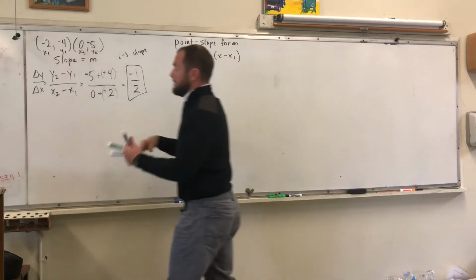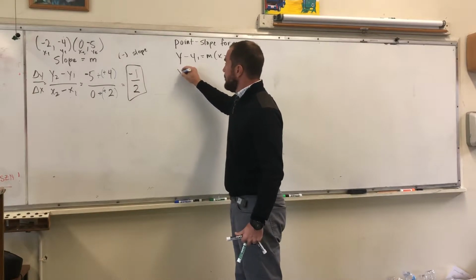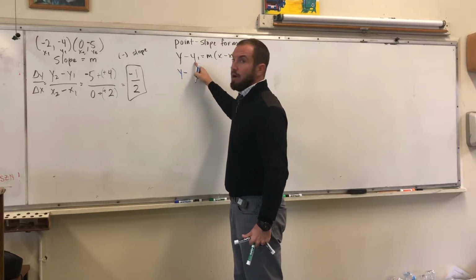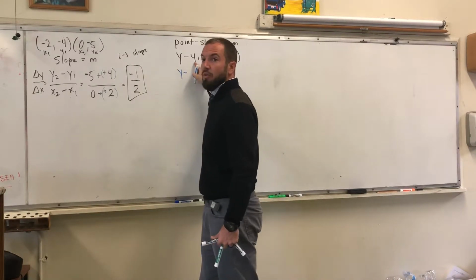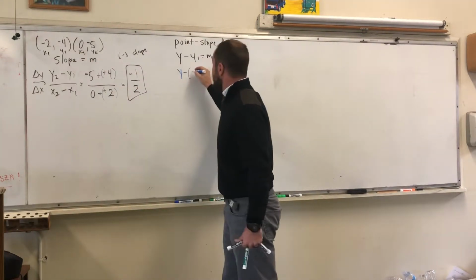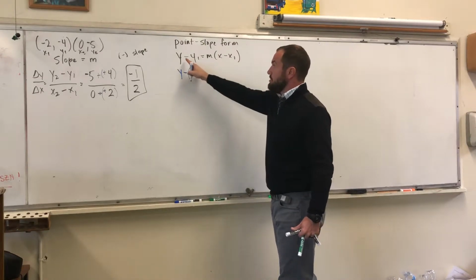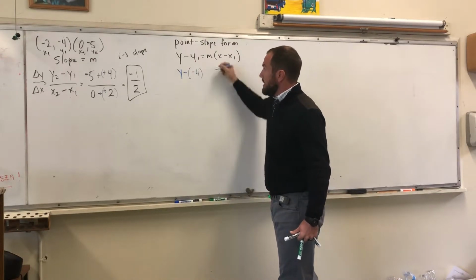Let's take a look at the one with the negatives. Good one to look at because when you're plugging in your y1, you're going to again end up with that negative situation because you're doing minus a minus number.